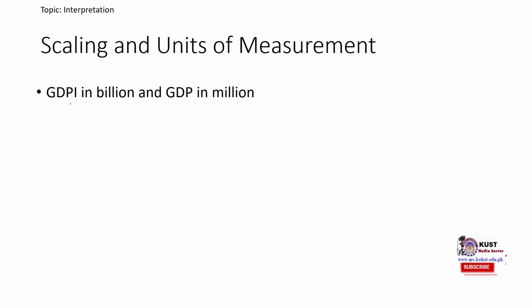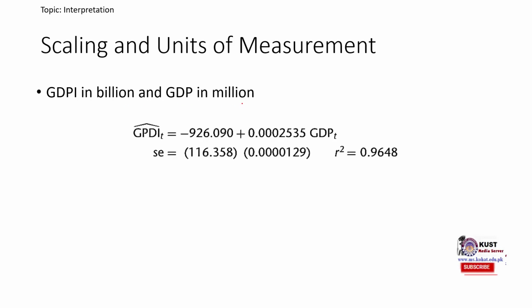Okay, so what if we changed only one of them? In this case, if our GDPI is in billions and GDP is in millions, what would happen then? You would notice that the constant term would remain the same, but the coefficient would change. In this case, the coefficient had been divided by 1000.